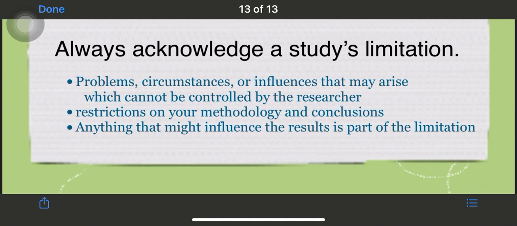Why? Because once you set up your scope and the limitations, it would explain more clearly the context of the findings of your research. These are anything that might influence the results of your study. Yun ang limitation. Kaya itong dalawang ito ay ini-specify natin kapag gumagawa tayo ng research study.